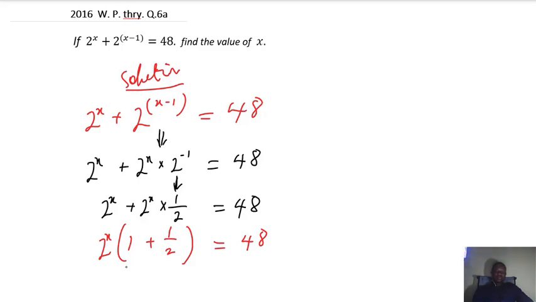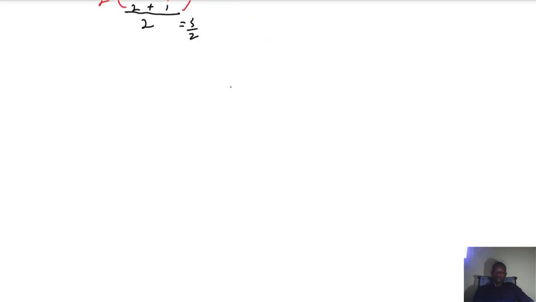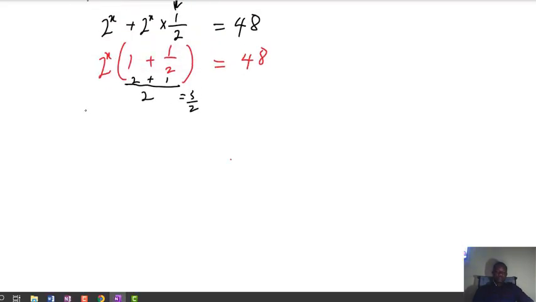Let's deal with this to make it one entity. The LCM is 2; 1 goes into 2, 2 times 1 gives 2, and here we have 1. So in all, we get 3 over 2.